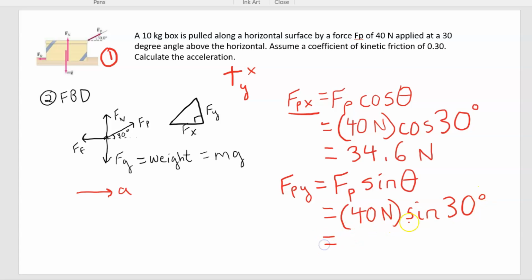We can now plug all of this into your calculator and you should get something along the lines of 20 newtons. So what we now have are, rather than this inconvenient force applied at an angle, these nice convenient forces of 34.6 in the x or horizontal direction and 20 newtons in the y or vertical direction, which are much nicer for us to work with.